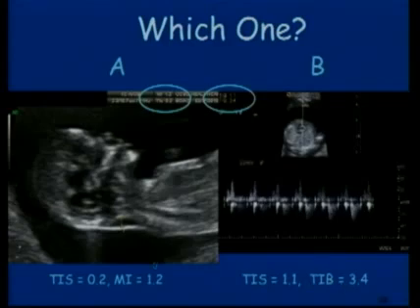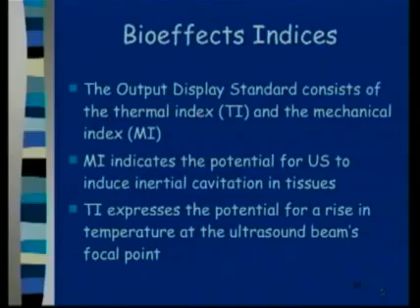But basically, fetus A has a TI of 0.2 and an MI of 1.2, and fetus B has 1.1 and 3.4. So what do you think? Well, the bottom line is that the MI and TI are output display standards that tell us about the power levels.